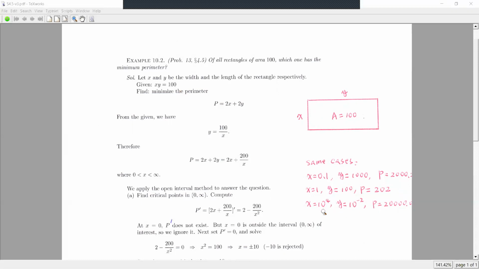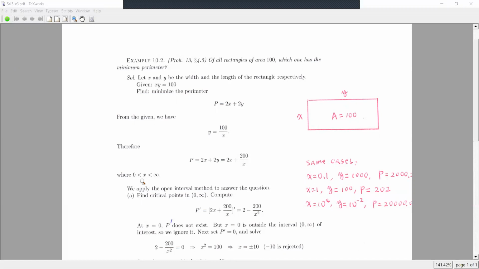x can be a very large number, say for example 10 to the 4th. To keep area 100, y has to be 10 to the -2. And the corresponding perimeter is this number. So x can be any positive number.